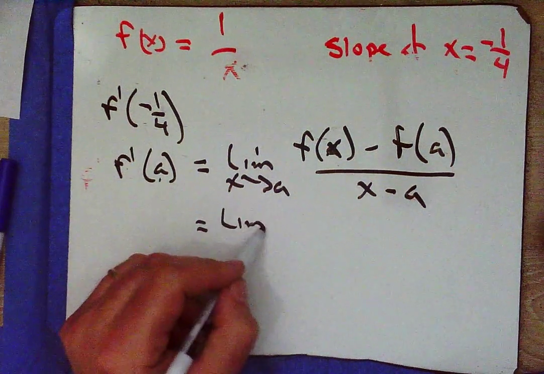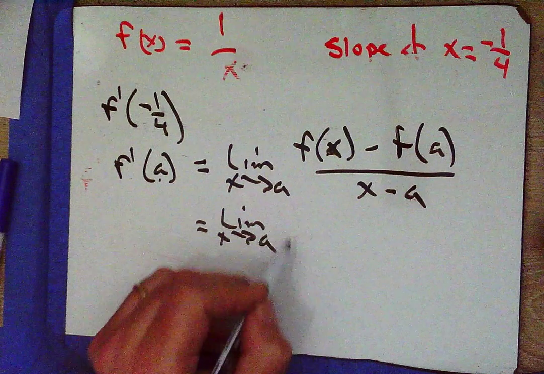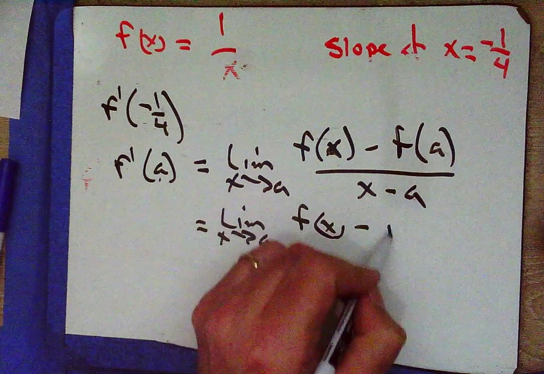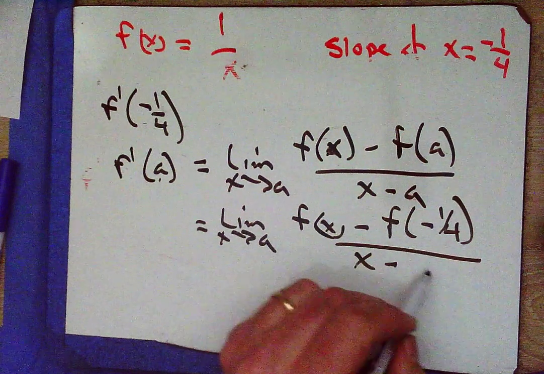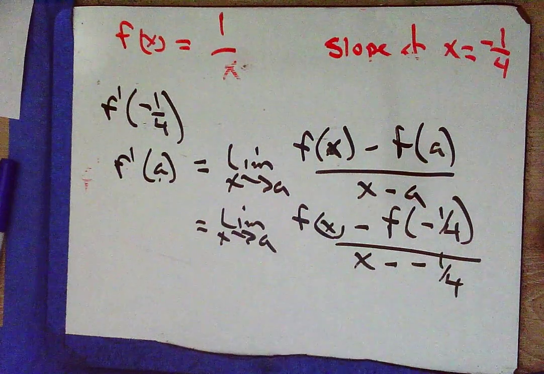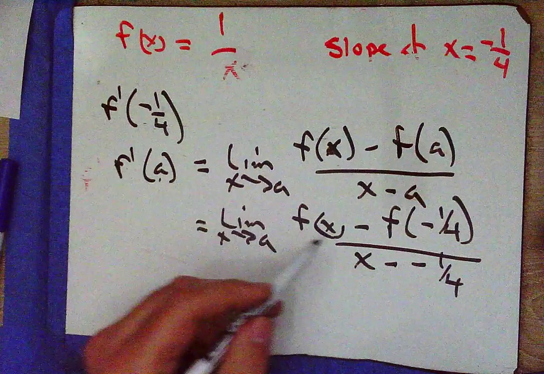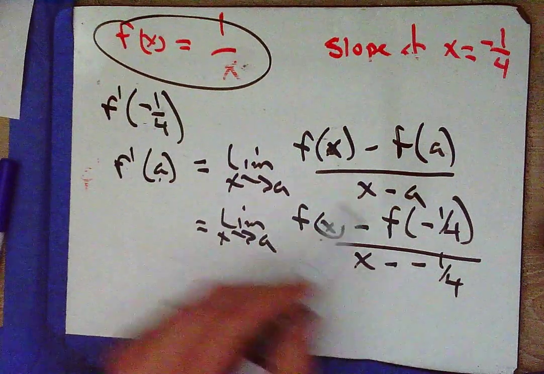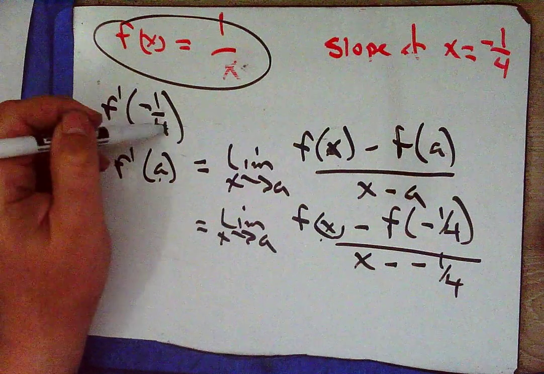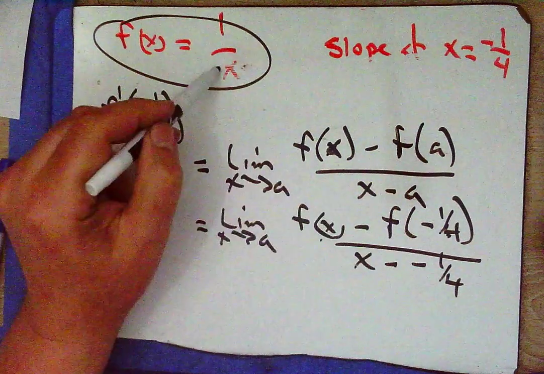So now we have the limit as x approaches negative 1/4 of f of x minus f of negative 1/4 all over x minus negative 1/4. Okay, f of x is easy. That was given to me. F of negative 1/4 we had to find by plugging negative 1/4 in there.